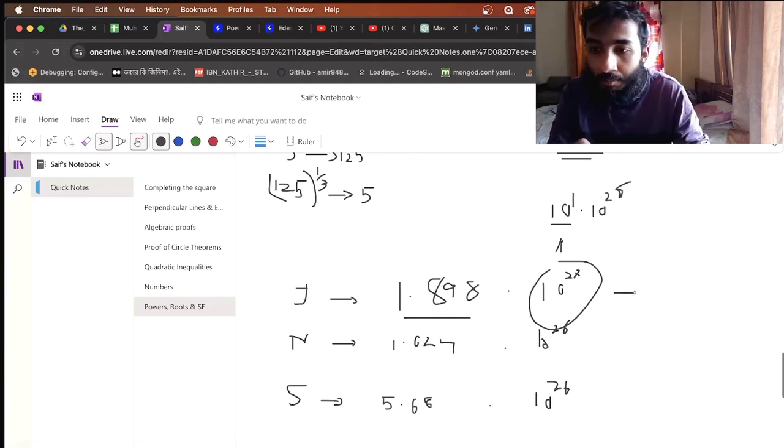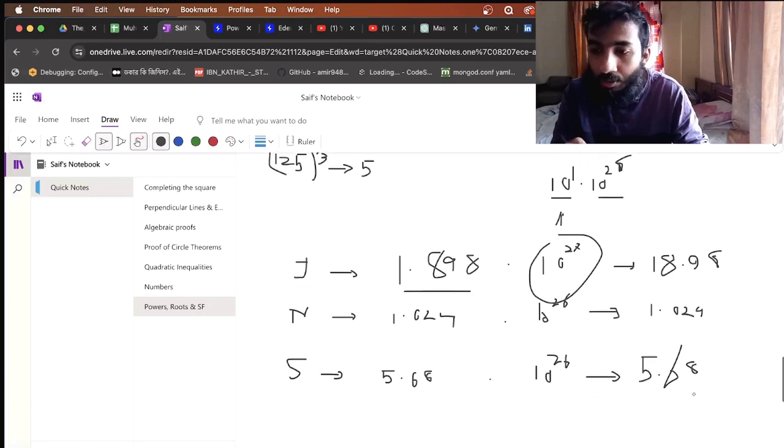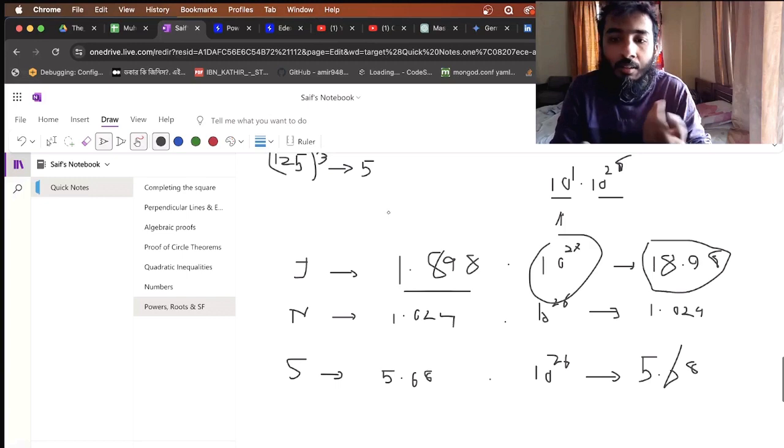For Neptune we get 1.024, and for Saturn we get 5.68. So we can now clearly see that Jupiter has the greatest mass.